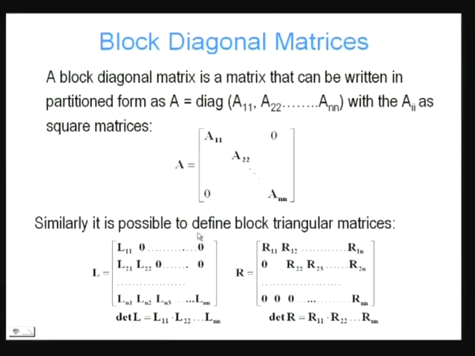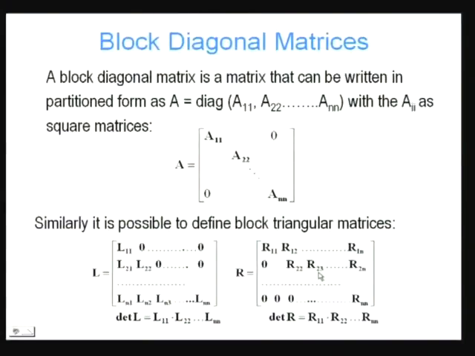Similarly, it is possible to define block triangular matrices which have the same structure as triangular matrices, but instead of individual entities on the diagonal or below the diagonal, we actually have blocks of matrices at these locations. For instance, L11, L21, L22 are actually blocks of matrices, but they have the same structure as a lower triangular matrix. Similarly, a block upper triangular matrix has the same structure as an upper triangular matrix. The only difference is that these R11, R12, R1n, instead of being individual scalars, are actually individual matrices.